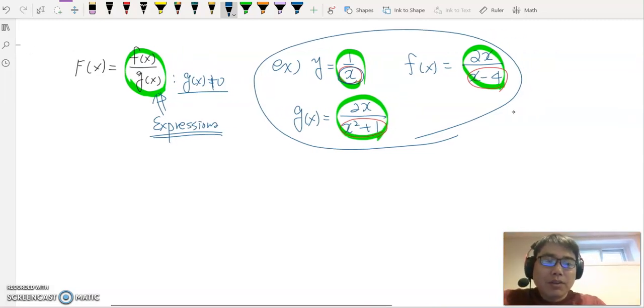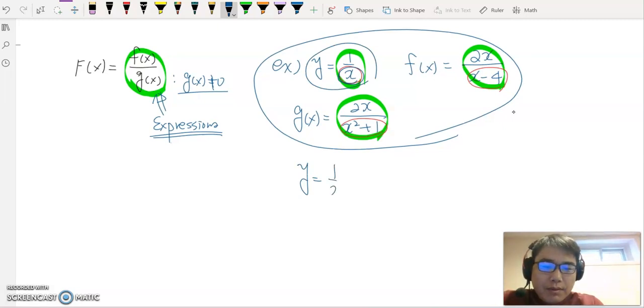So in this function case, because we have x in the denominator, x cannot be 0 basically. That is our restriction value.